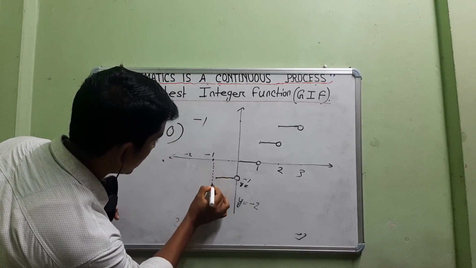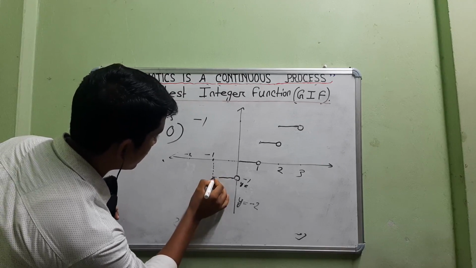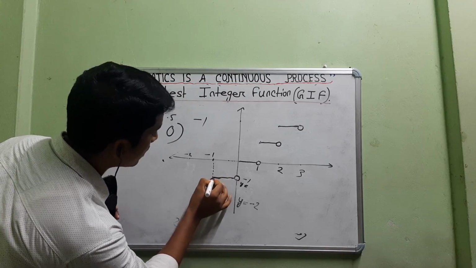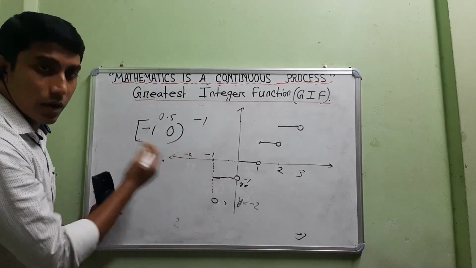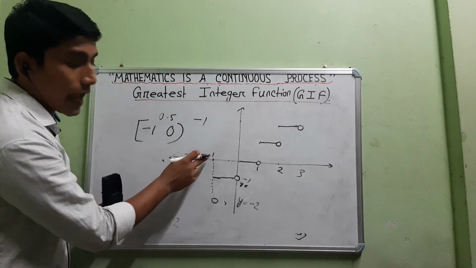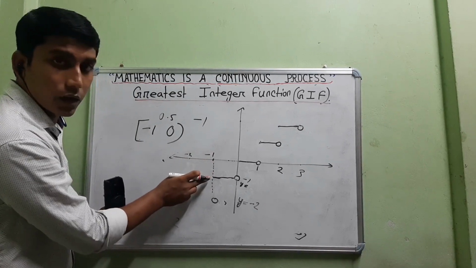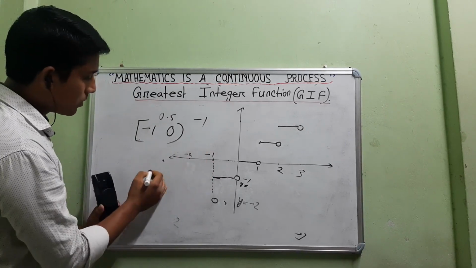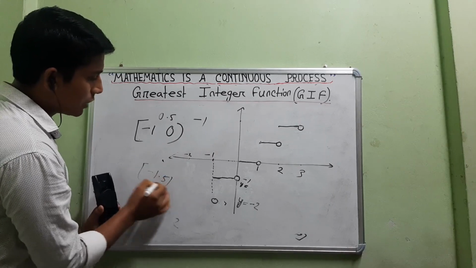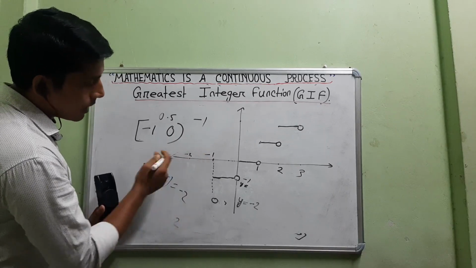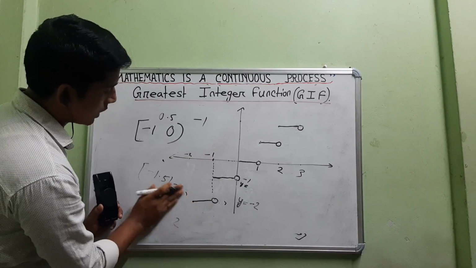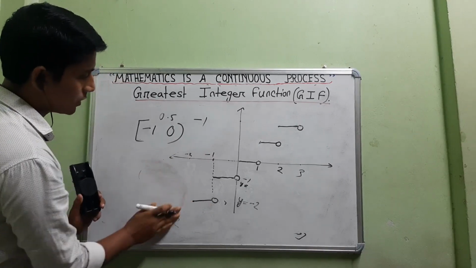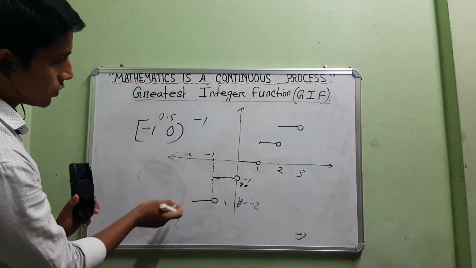Previously minus 1 was there, but at minus 1, after minus 1, I will not take it, because at minus 1 it was minus 1, no. So after minus 1, because minus 1.5 will give you minus 2, all these will give you minus 2, and till minus 2 it will come like this. You see, this is the graph. So in this way it will go.